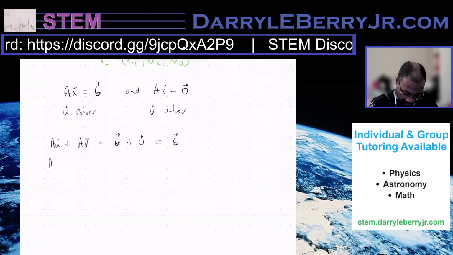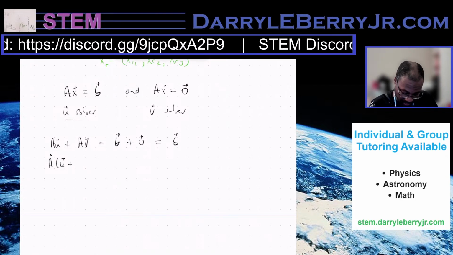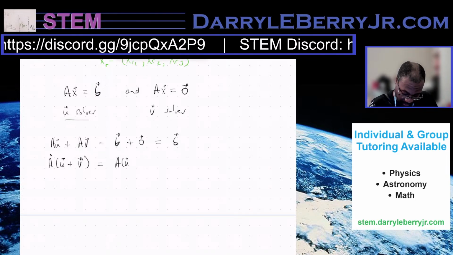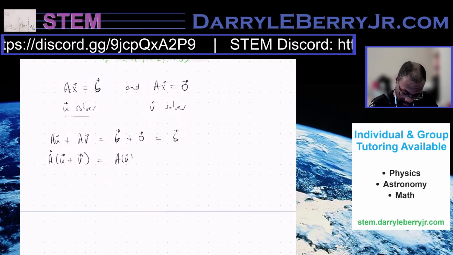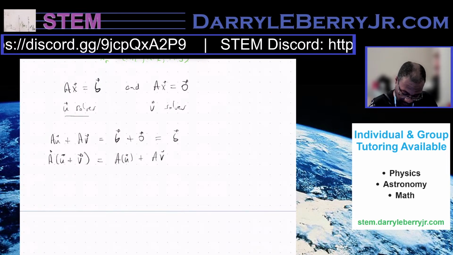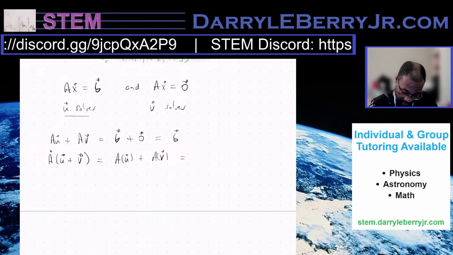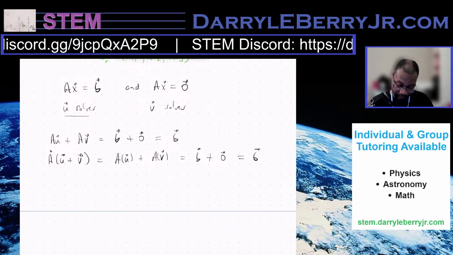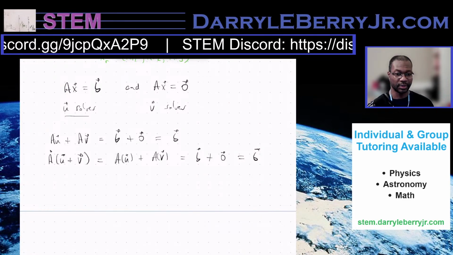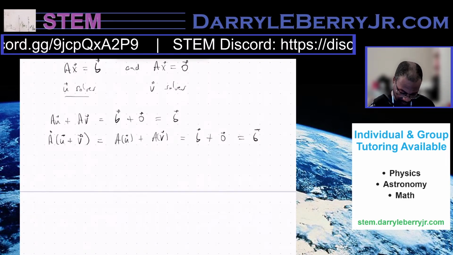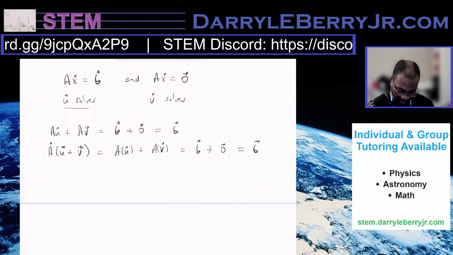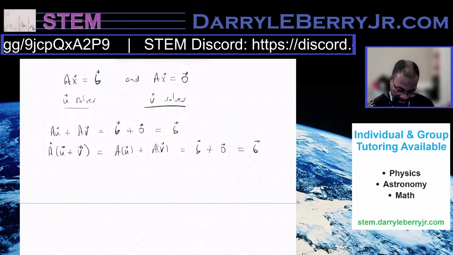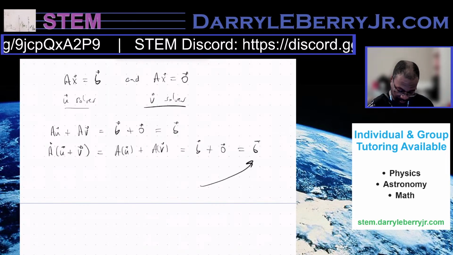So we could also say A(u plus v) equals Au plus Av, which equals b plus 0 equals b. So what this means is that if u solves the general and v solves the homogeneous, then u plus v solves the general.